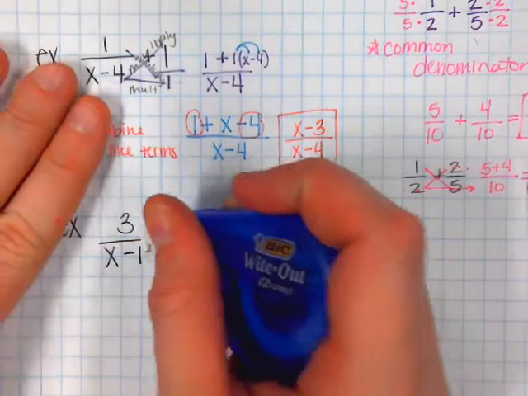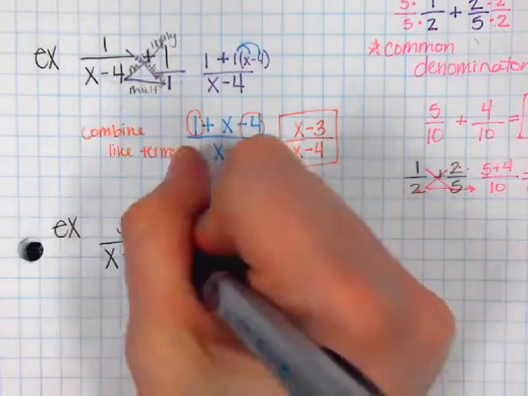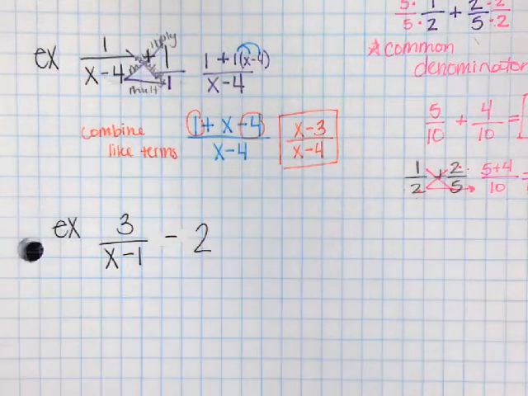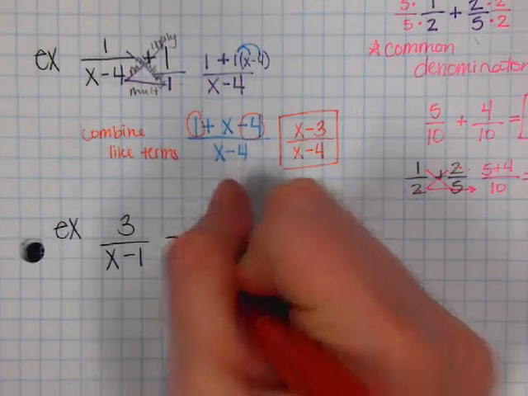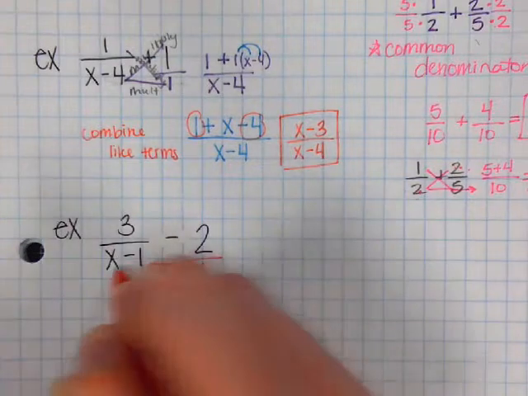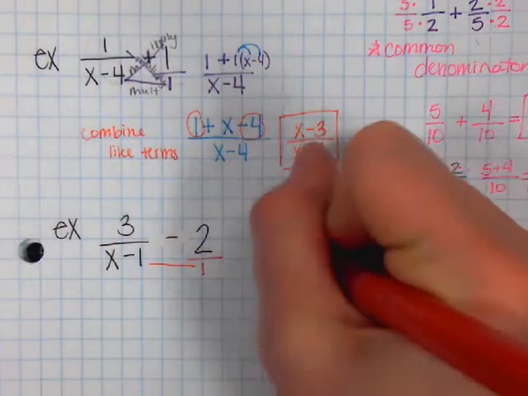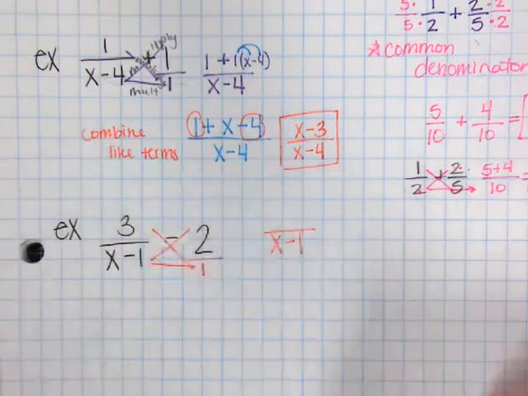That minus is kind of hard to see. Let me put a little bit of white out right there. So that's a minus 2. Okay, put it over 1. Then multiply across the bottom. 1 times x minus 1 is x minus 1.